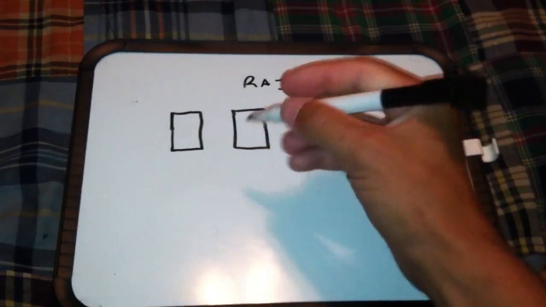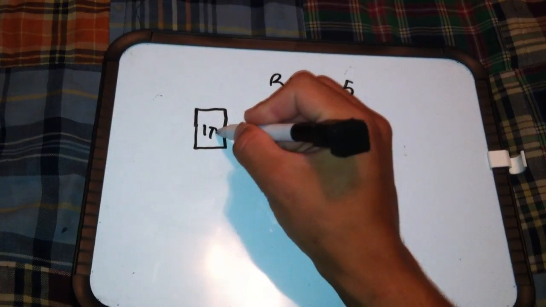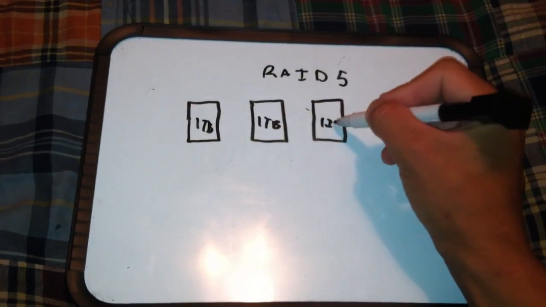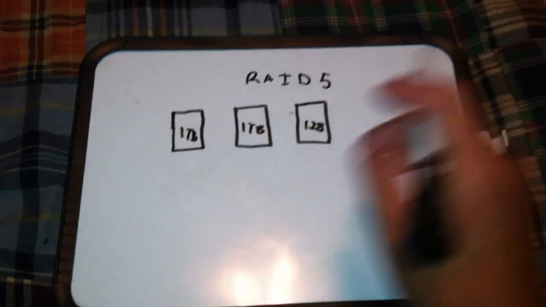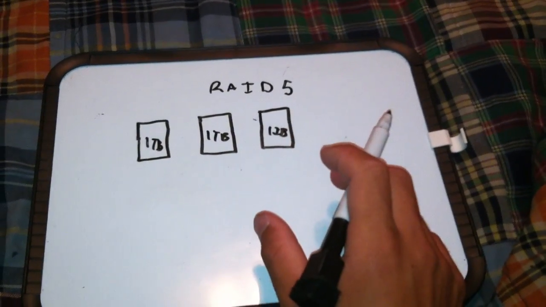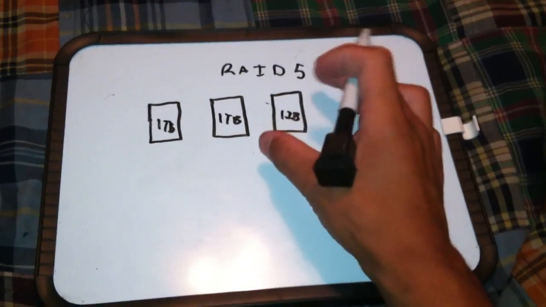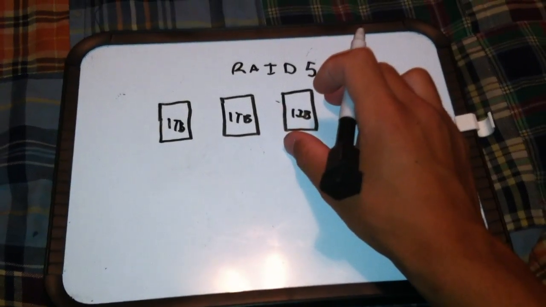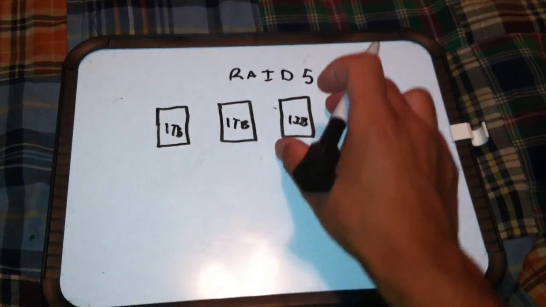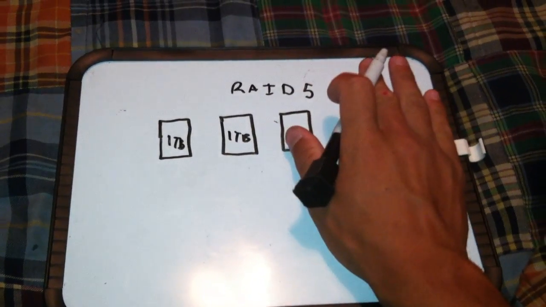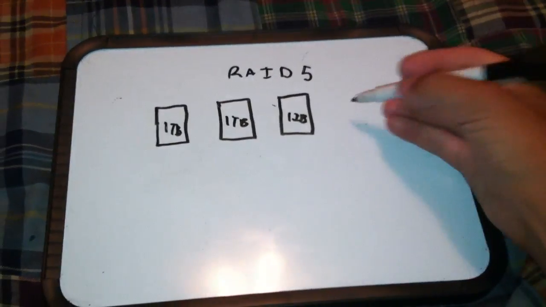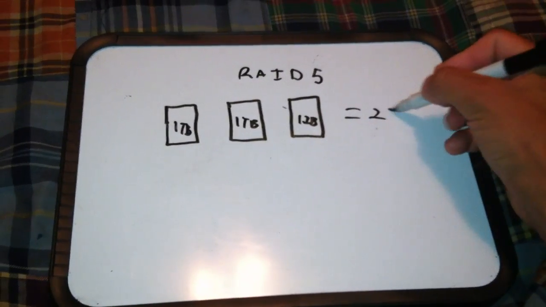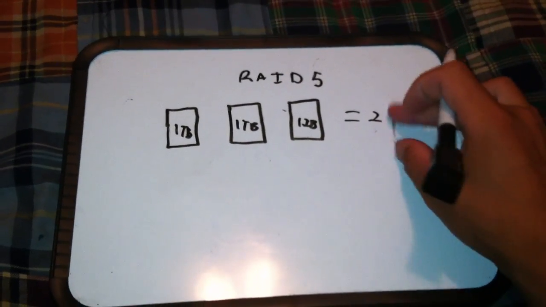If you have 3 drives, let's just say 1 terabyte, 1 terabyte, 1 terabyte, you take 1/3 of it, or any one of your drives, assuming they're all the same size, and that's just going to be used for redundancy. So this is only going to make 2 terabytes. I'll explain how this works.